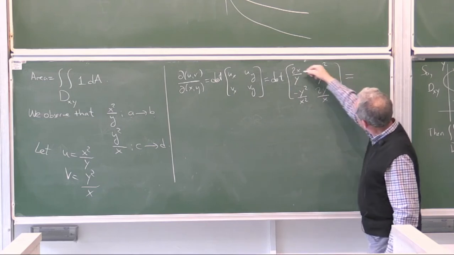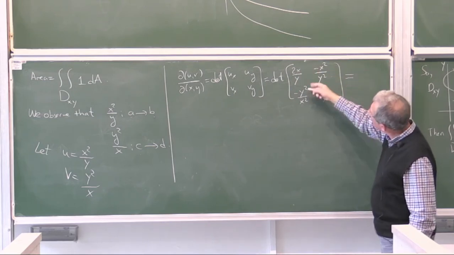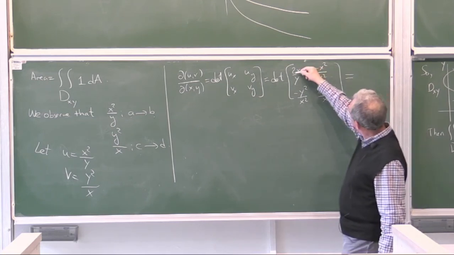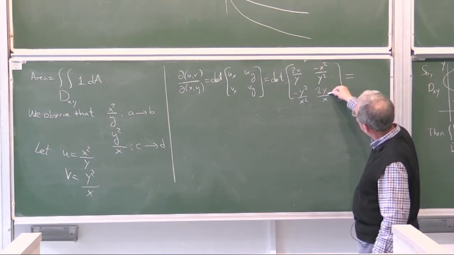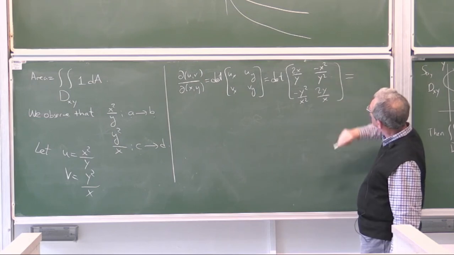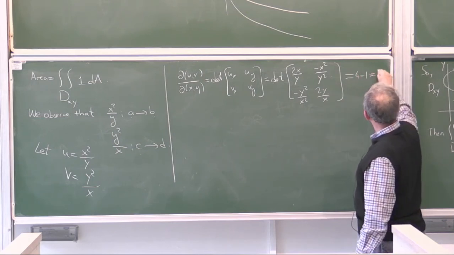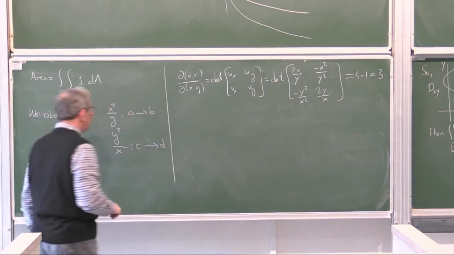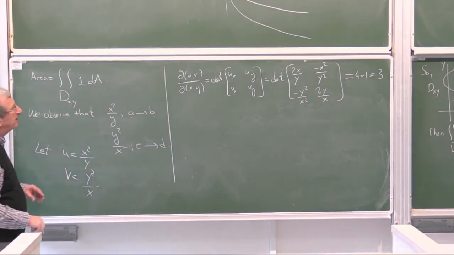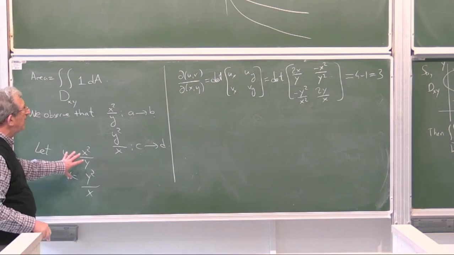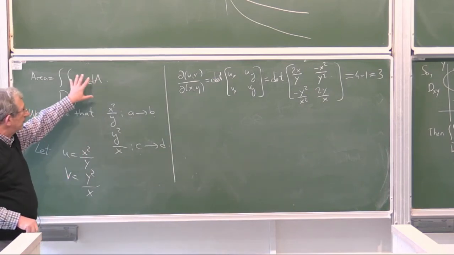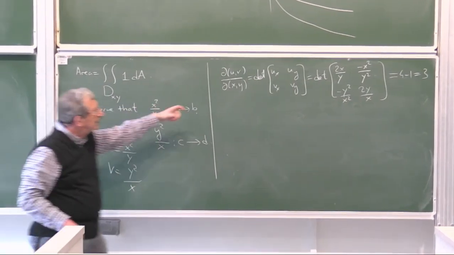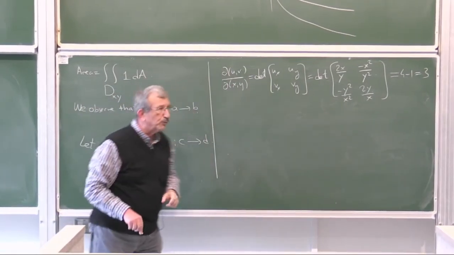Now the determinant is this product minus this product, which of course says that you have 4, just 4, minus, again, just 1, so it is 3. Okay. So, it says then that we should multiply our function in the integral by 1 over 3, because we want del(x,y) by del(u,v).